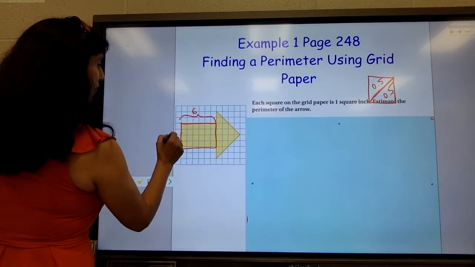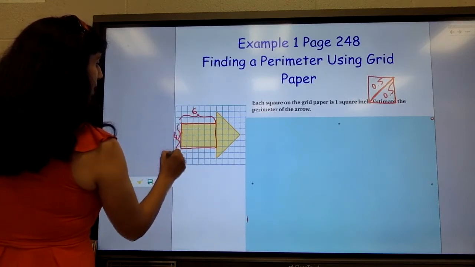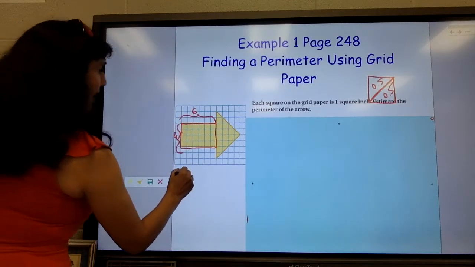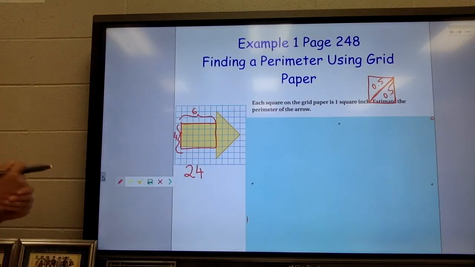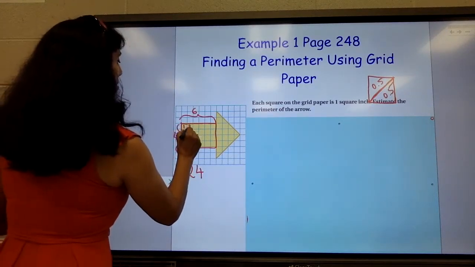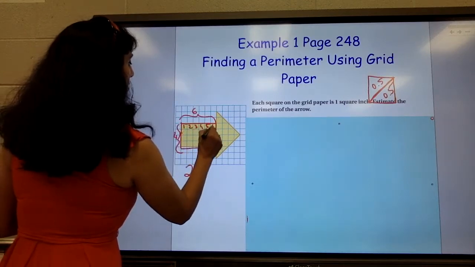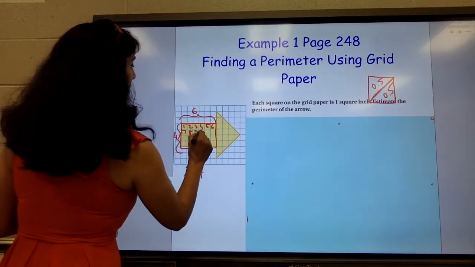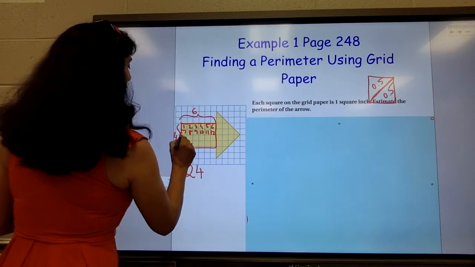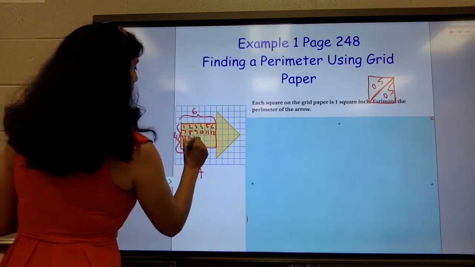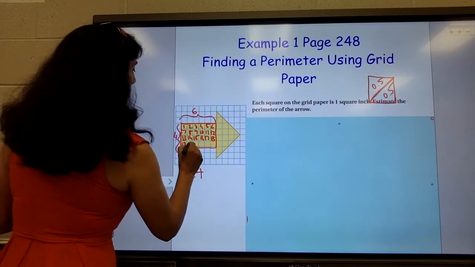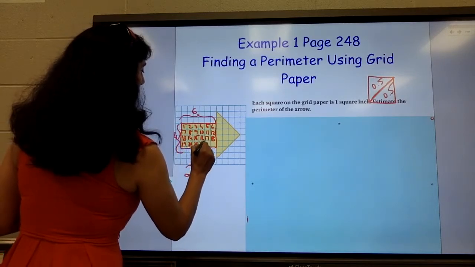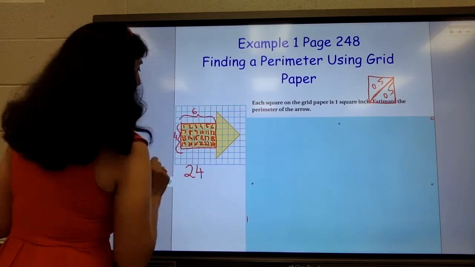And we have 1, 2, 3, 4. So 4 here, and I would get 4 times 6. And so just the rectangle part is 24. Or I can count 1, 2, 3, 4, 5, 6, 7, 8, 9, 10, 11, 12, 13, 14, 15, 16, 17, 18, 19, 20, 21, 22, 23, 24.